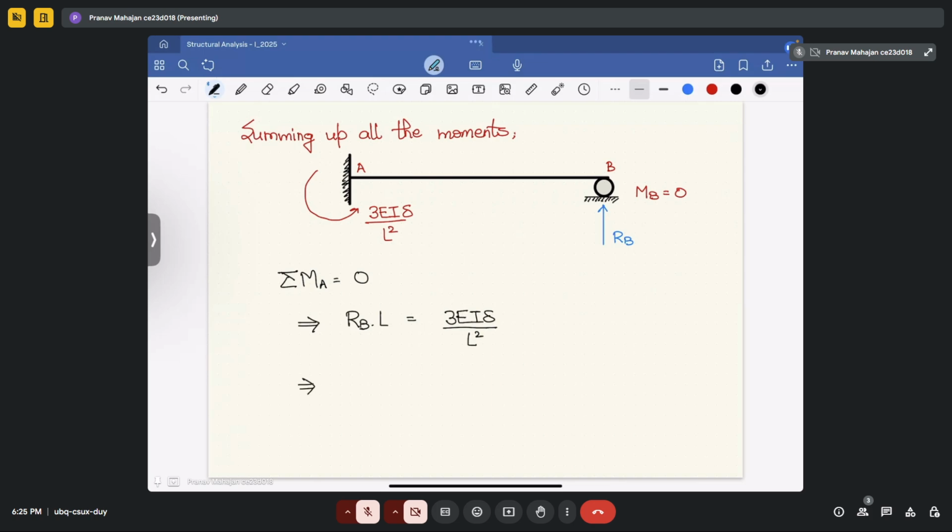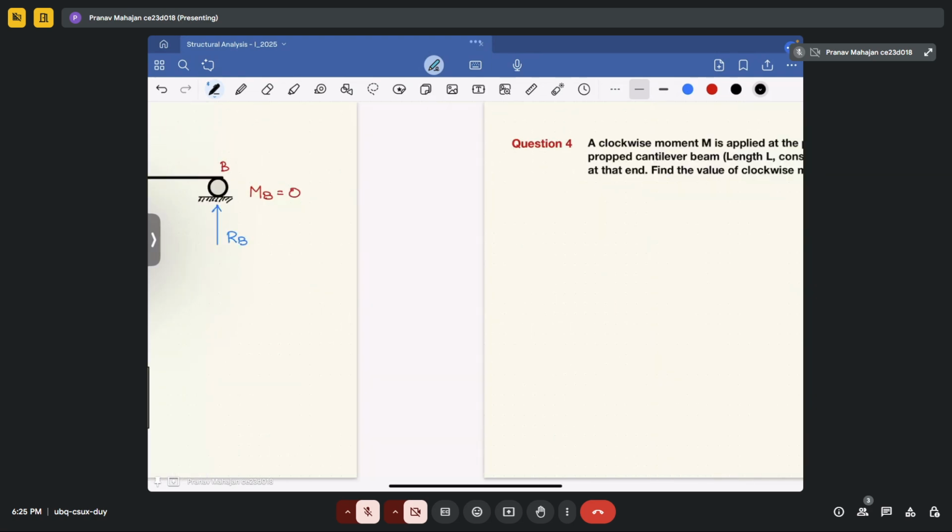From this, the unknown reaction RB comes out as 3 EI delta upon L cube. So this is how you calculate unknown reactions in case you have settlement in a cantilever subjected to a prop support. Okay, so let's solve one more problem.